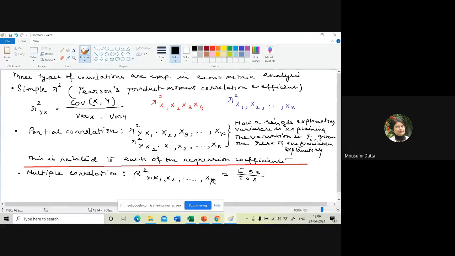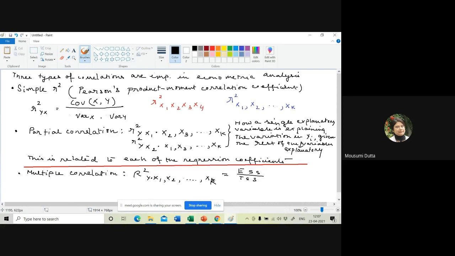If this is the concept, how all explanatory variables together can explain the variation in yi, we call it the multiple correlation, and we present it as r square y dot all explanatory variables. Given all explanatory variables, how simultaneously all of them explain the variation in yi. So this is the idea.